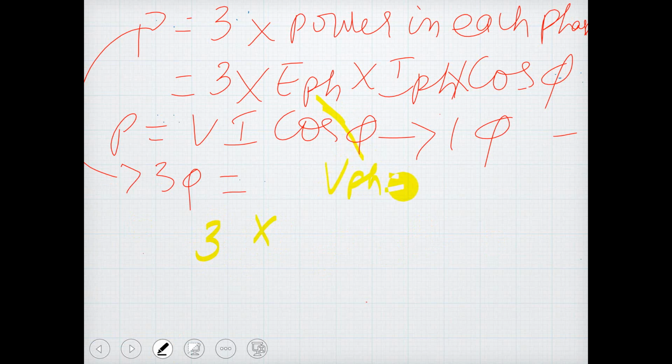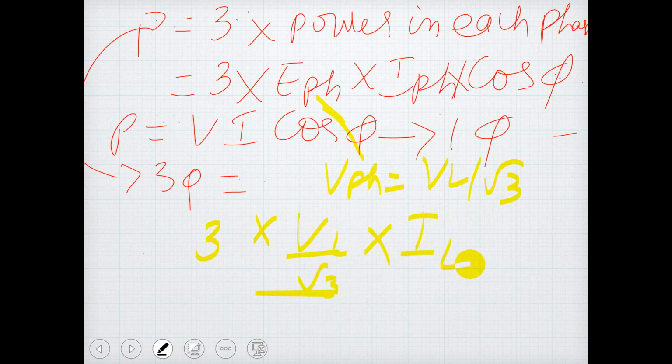V phase is equal to VL by root 3, because VL is equal to root 3 V phase. That is what we previously have derived. So V phase can be written as VL by root 3. And what is I phase? I phase is same as IL. Correct. So line current and phase currents are the same in case of star. So into IL, into cos phi.